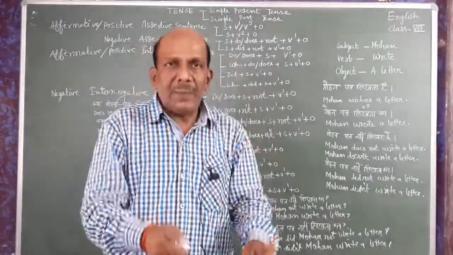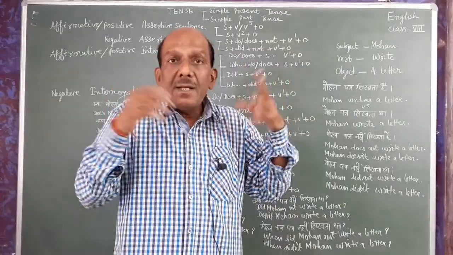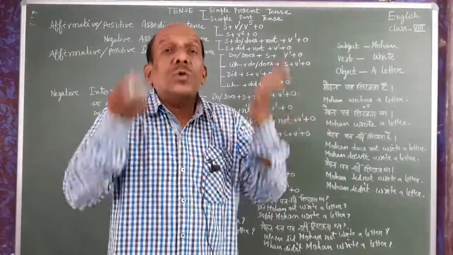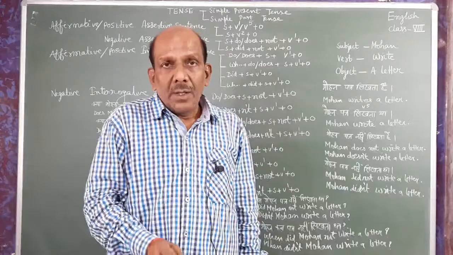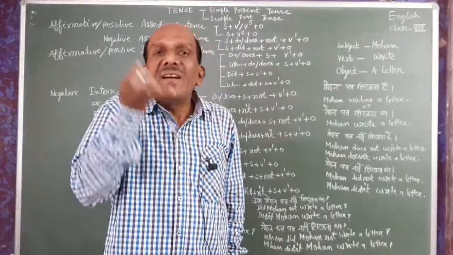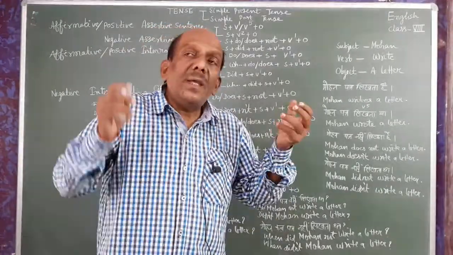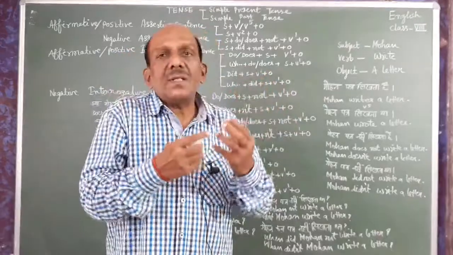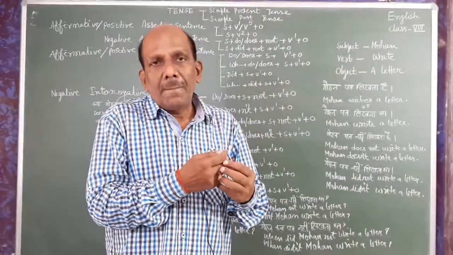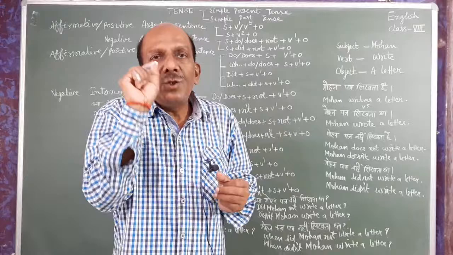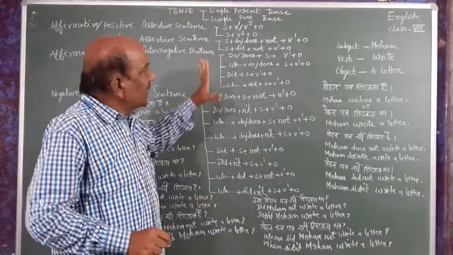Then you will be able to frame English sentences and you will be able to talk in English. You can speak in English, you can understand in English. There will be some softness, some skillfulness in you, and you will be able to write so many sentences.